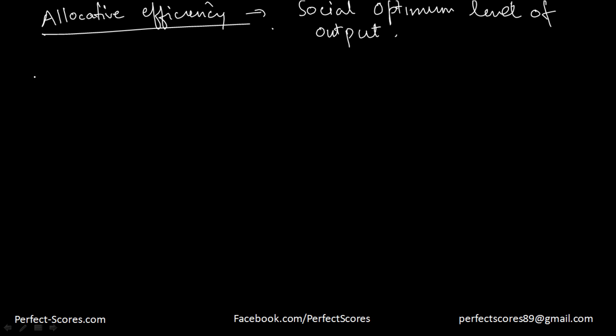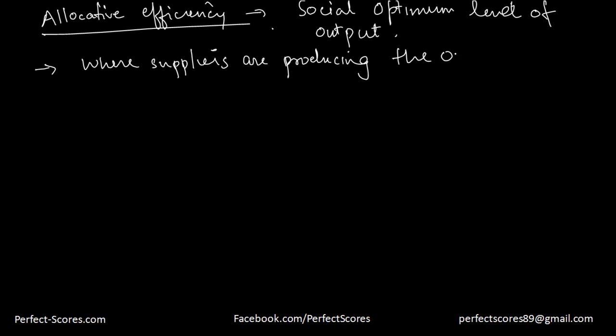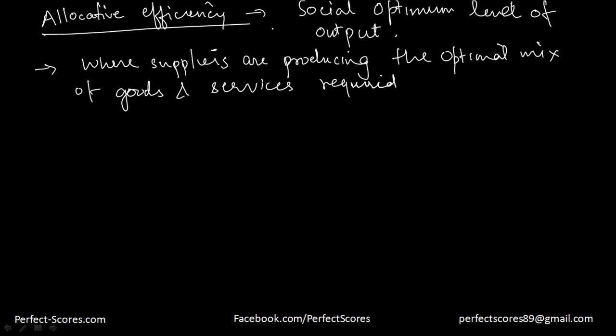Allocative efficiency occurs where the suppliers are producing the optimal mix of goods and services required by the consumers. That's the definition of allocative efficiency.